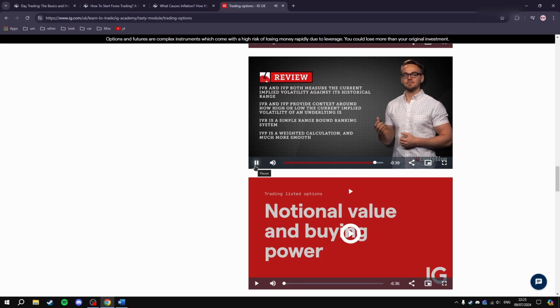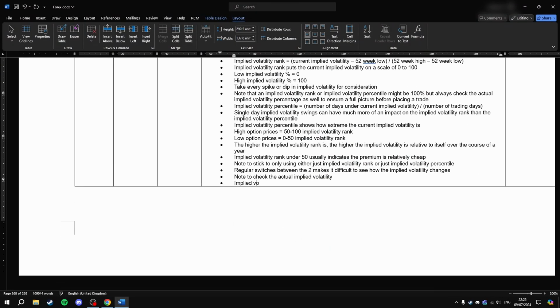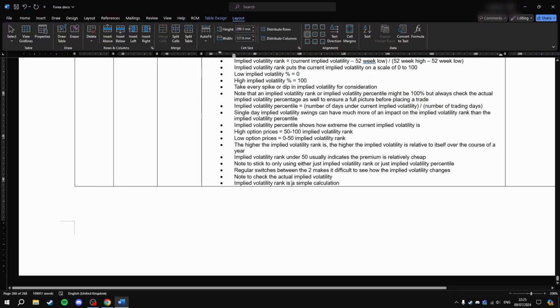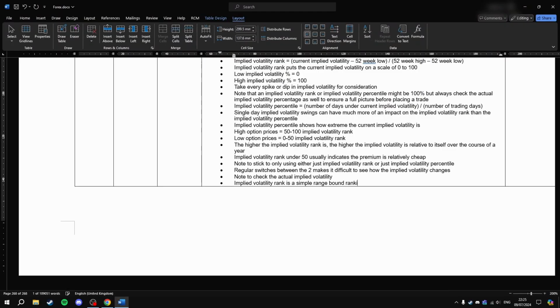IV rank is a simple calculation, a simple range-bound ranking system.